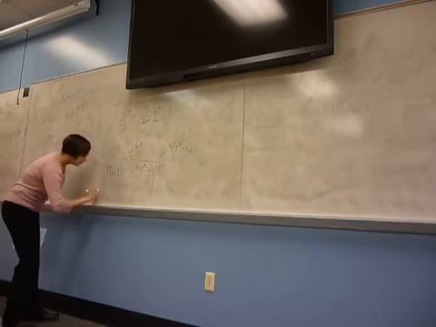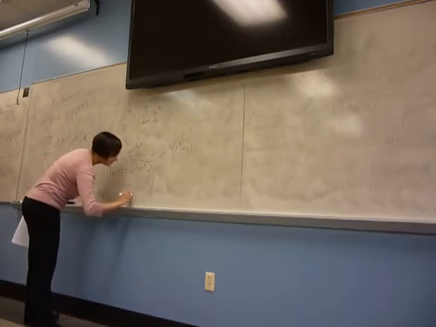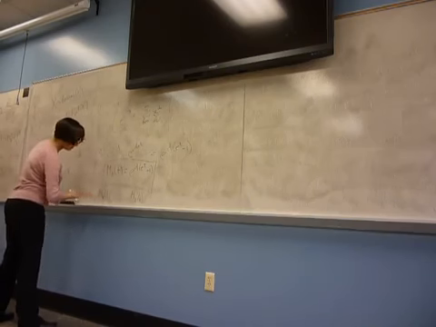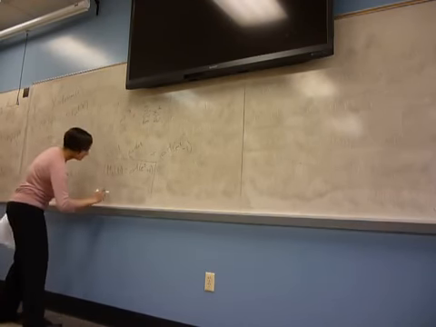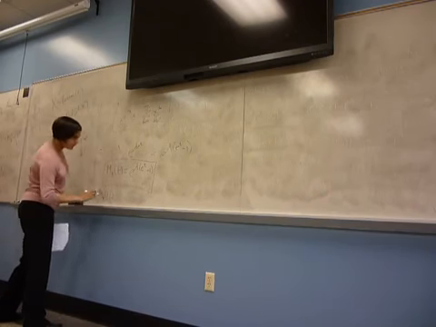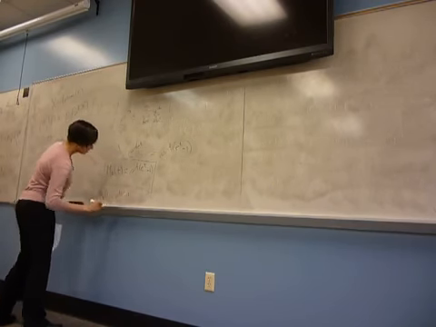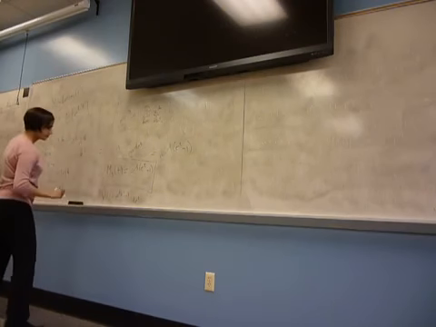And if you want, you can calculate the mean this way. The derivative of that is e to the lambda times e to the t minus 1, times lambda e to the t.